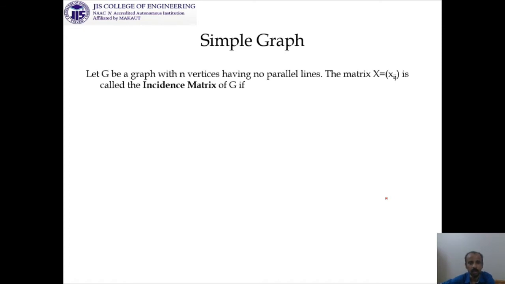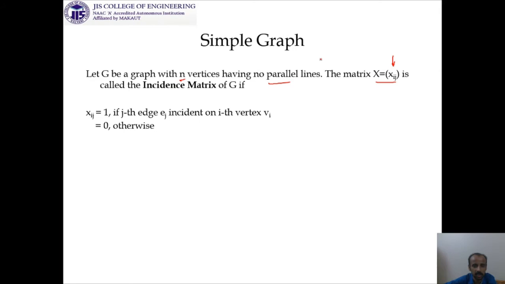Next, we are going to construct the incidence matrix for a simple graph. So what is the definition? If we take a graph G with n vertices having no parallel lines, then the matrix X, capital X, whose entries are Xij, will be called an incidence matrix of G if this is the condition.